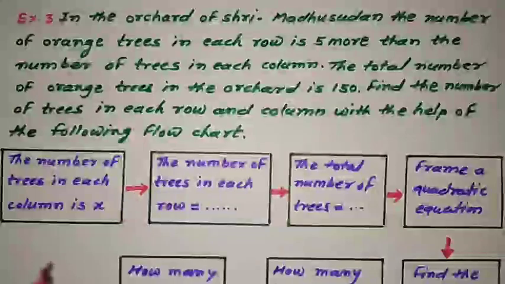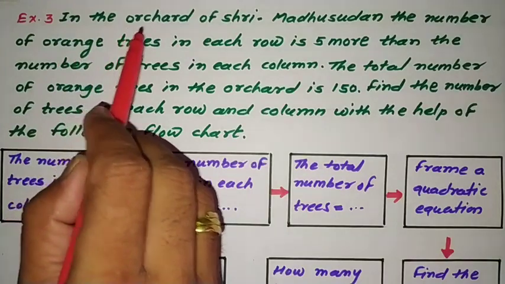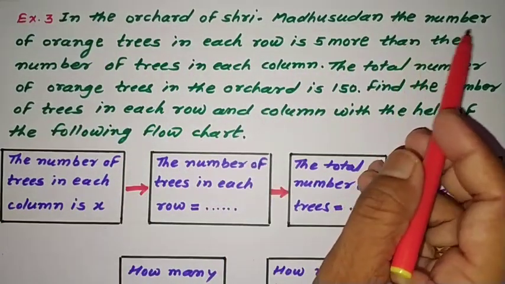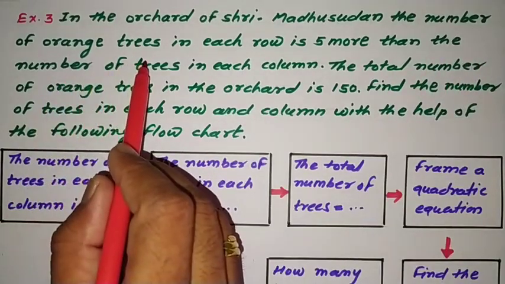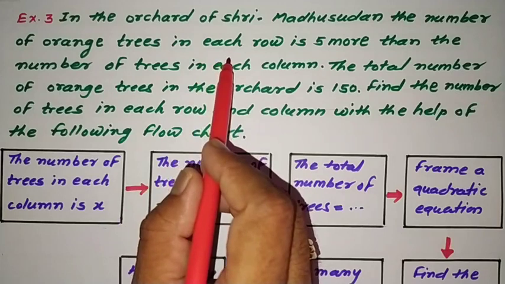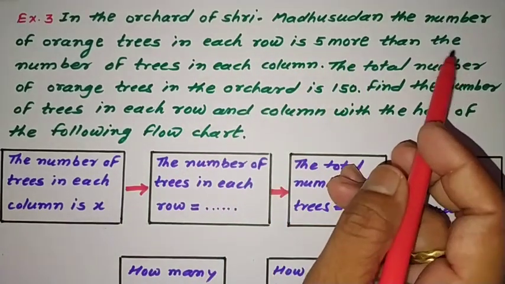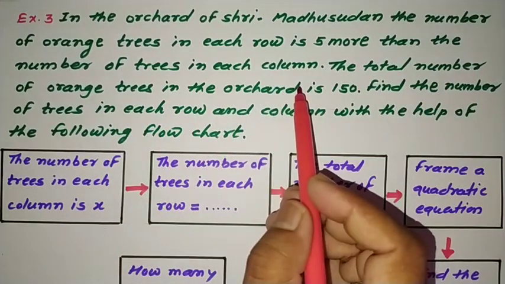Let's see the next example. Example number 3. In the orchard of Sri Madhusudan, the number of orange trees in each row is 5 more than the number of trees in each column.